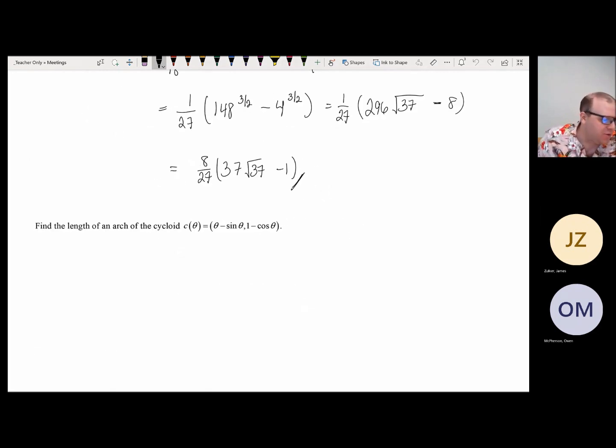Length of an arch of the cycloid of theta minus sine of theta, 1 minus cosine of theta.